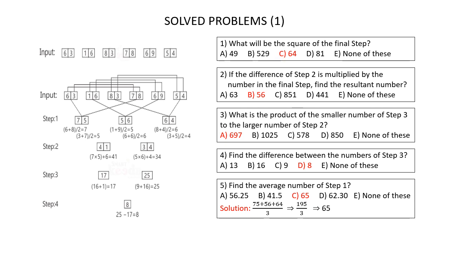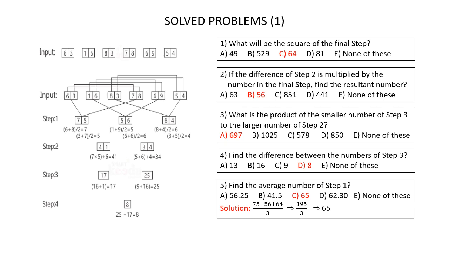Question number 2. If the difference of step 2 is multiplied by the number in the final step, find the resultant number. Here you're given 5 options and you have to find out which of these options is the correct one. So here you have to find the difference of the numbers in step 2 and multiply that number with the number in the final step and find the resultant number.